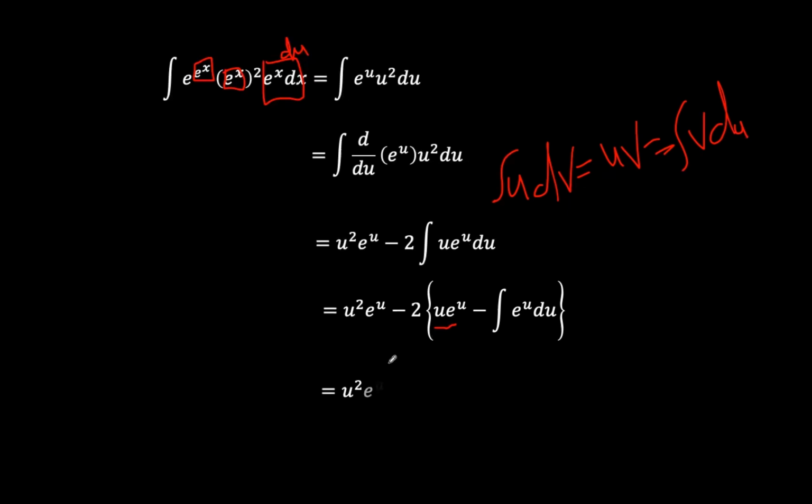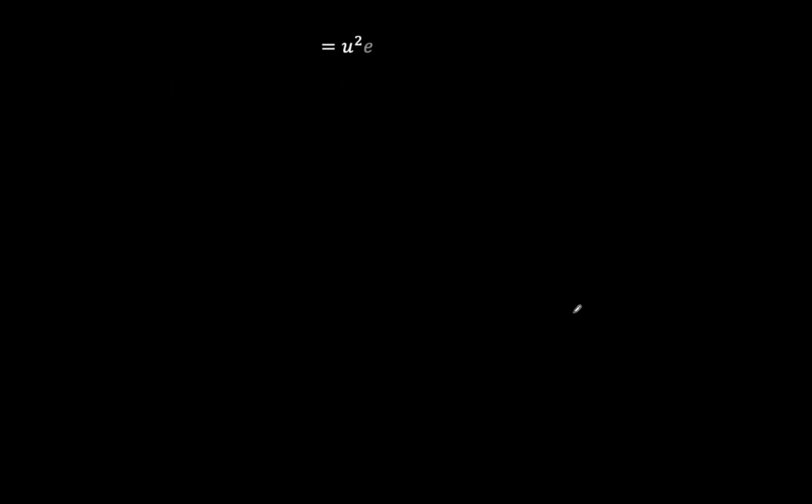And so eventually we can now combine this up. So we have u squared times e to the power u minus 2u e to the power u, minus minus becomes plus, 2 times the integral of e to the power u, which is e to the power u, plus the integration constant c. And so if we have that expression, since u is equal to e to the power x, where u appears, we can plug in e to the power x.